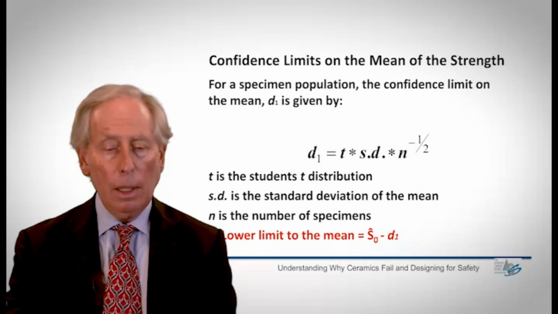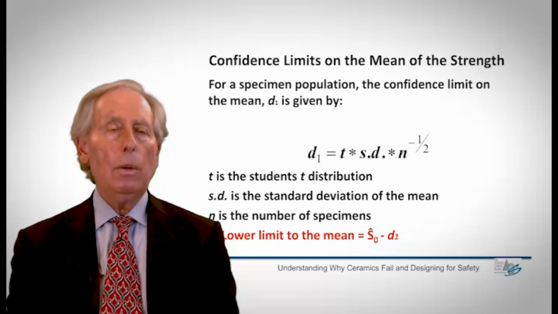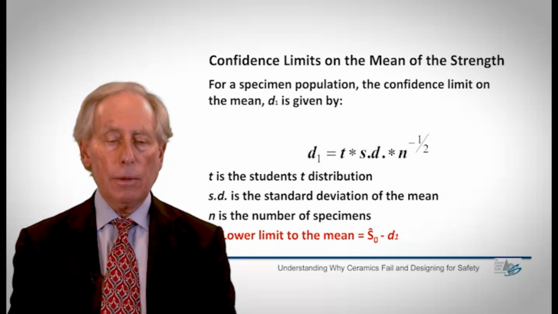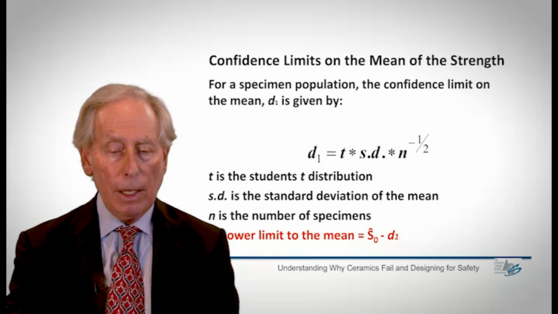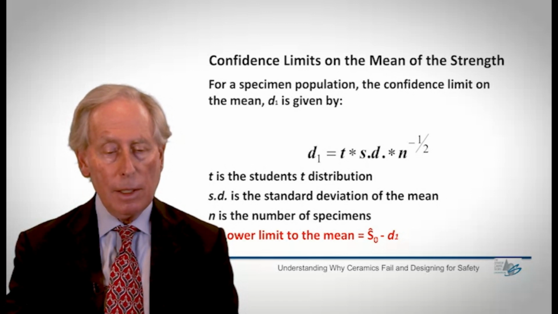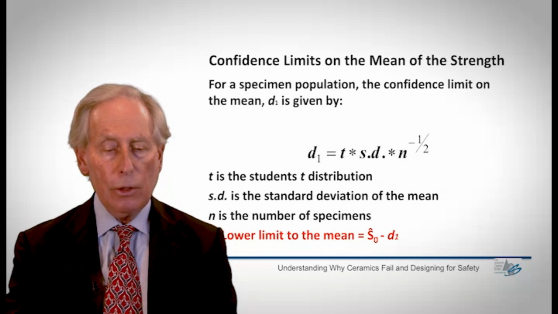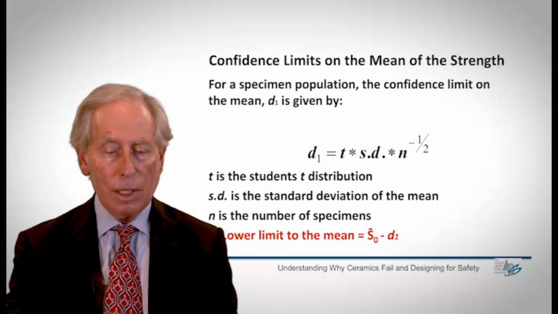So first of all, what we want when we do a statistical analysis of strength is to have some confidence in the data that we're determining. So for a specimen population, this is just simple statistics. The confidence limit on the mean of that distribution is given by an expression right here, where t would be a student's t-distribution, SD is the standard deviation, n is the number of specimens.